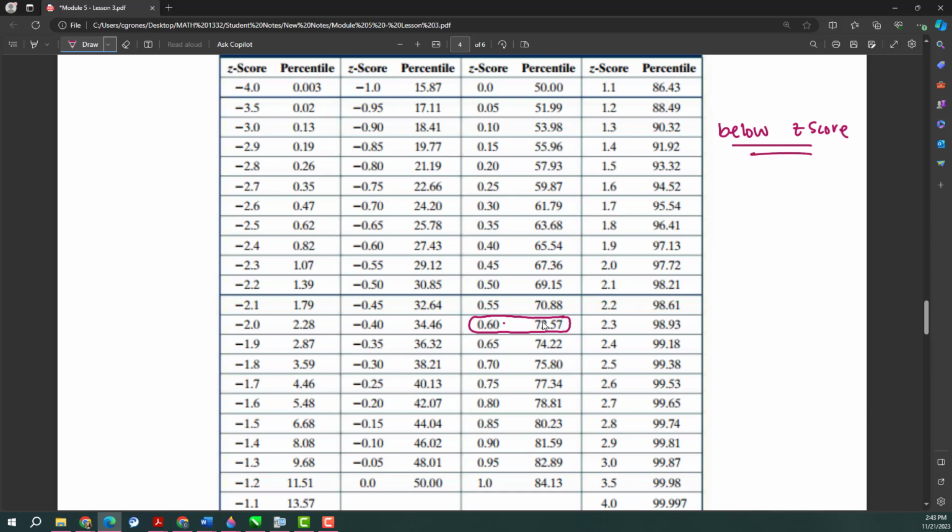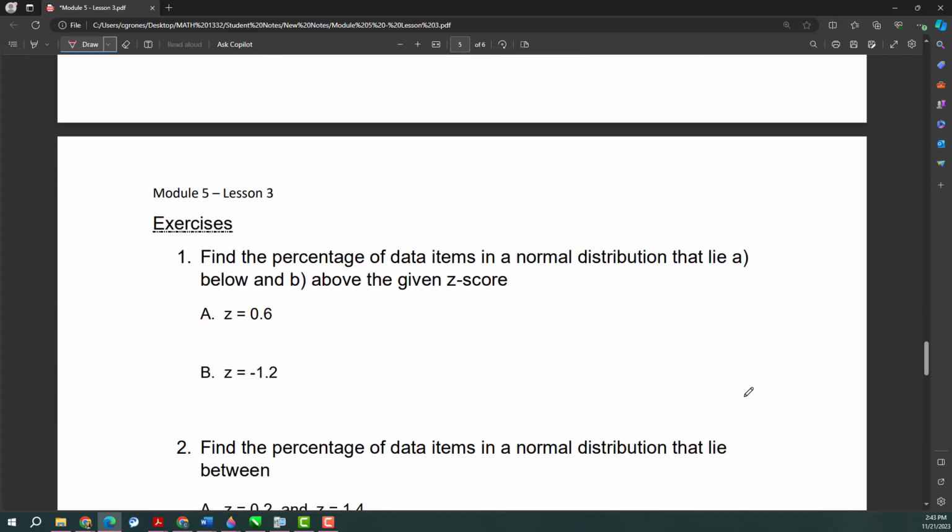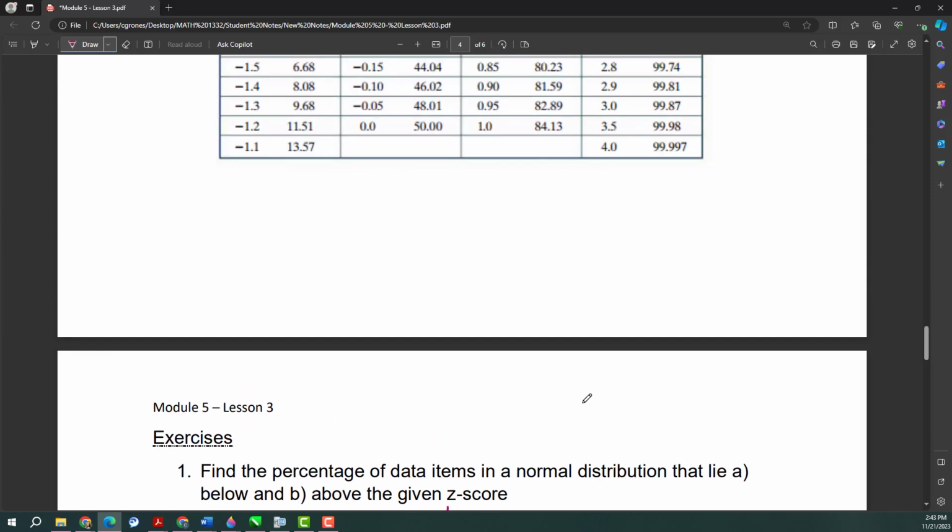So this would be our answer for part A. So part A would be 72.57%. So below equals 72.57%. So everything that is to the left of that z-score would be this percent. That's what is given on the table.